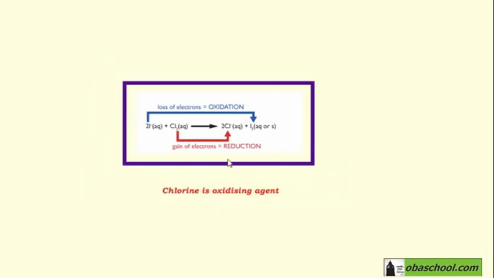It's very important. Study it very well. It helps us to know which one undergoes oxidation and which one undergoes reduction, and which one is the oxidizing agent. Alright? So this is the reaction that happens between chlorine and potassium iodide solution, which produces iodine with dark reddish brown color.